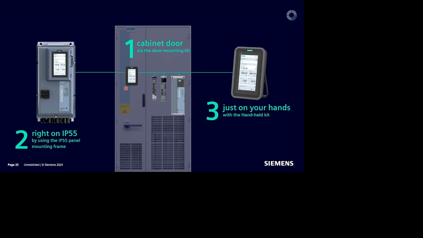This is a big improvement compared to our current solution, where one operator panel needed to be mounted per drive inside the cabinet. So this is improving usability and also saving a lot of material, energy, and resources, to become more sustainable.